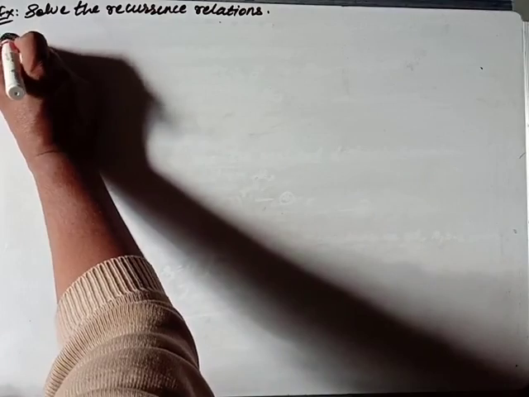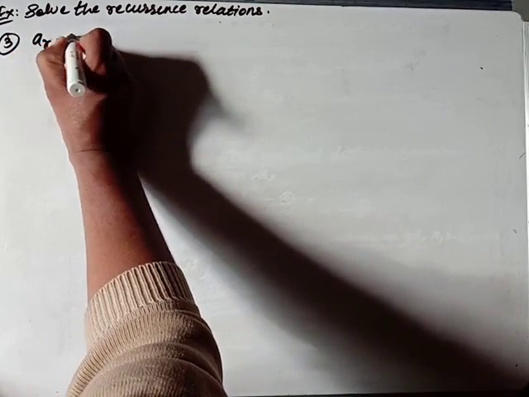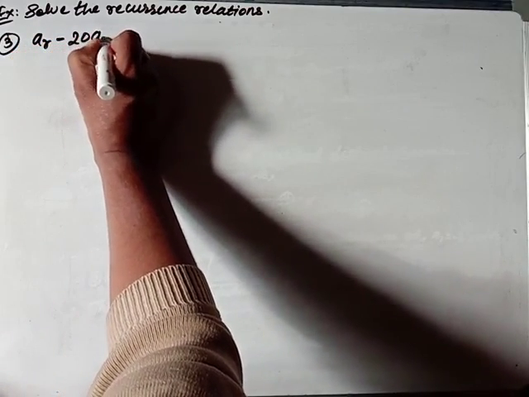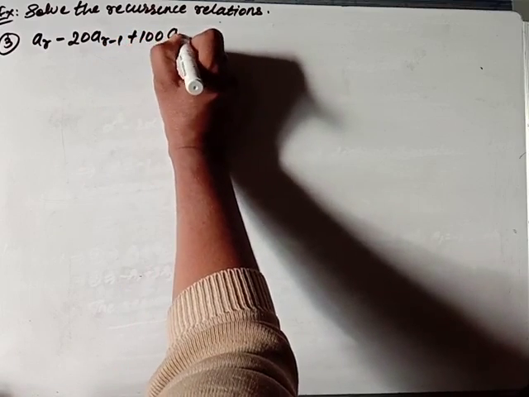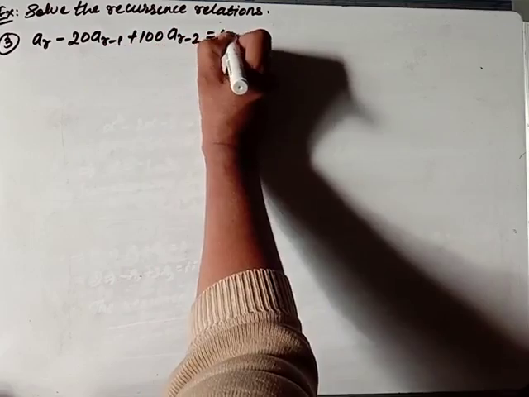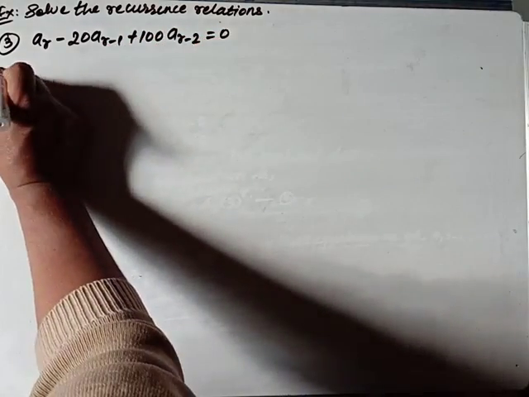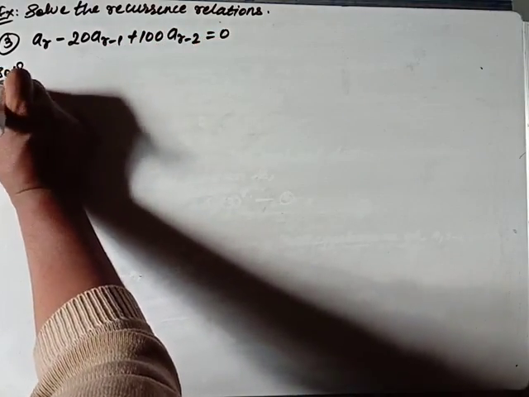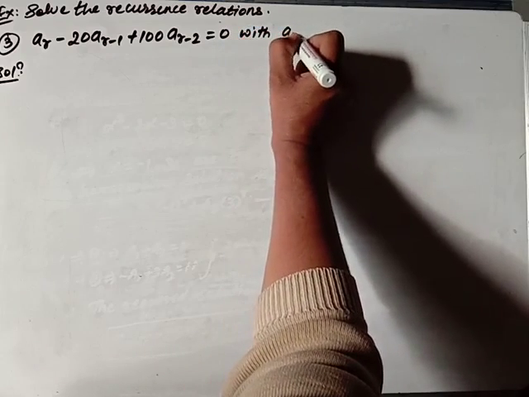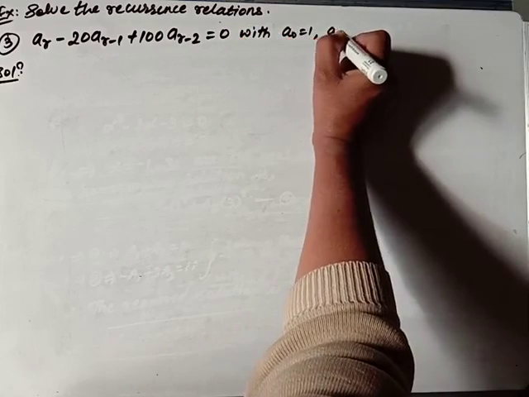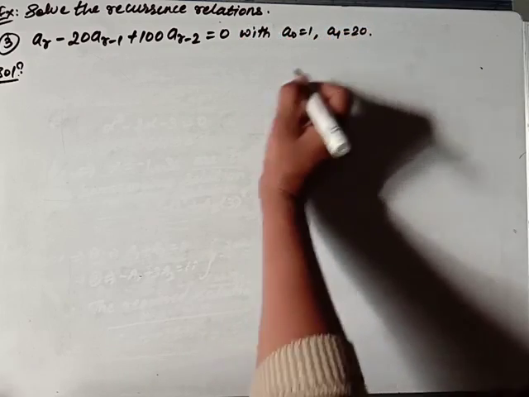Third, suppose a_r minus 20 a_{r-1} plus 100 a_{r-2} is equal to 0, with a_0 equal to 1 and a_1 equal to 20.